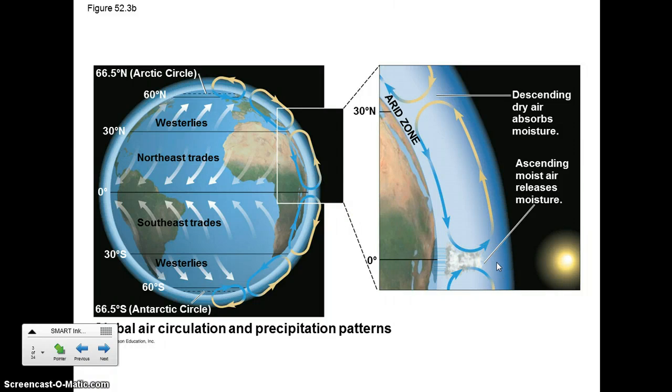What happens, and you've probably seen this on weather maps, they put the H's and the L's, and the H and L stand for high and low pressure systems. Where you get intense heating of the Earth by the sun, it warms the air, and that air rises. And that is a low pressure zone. There's less pressure because the air is rising. When that happens, the air tends to cool as it goes up, form clouds, and you tend to get precipitation at these low pressure areas.